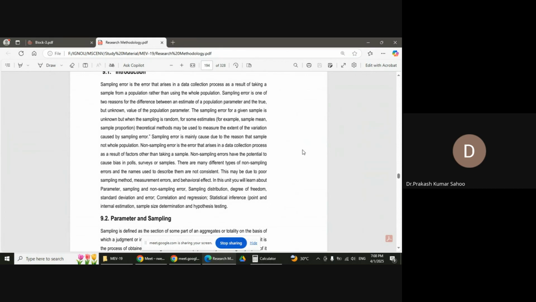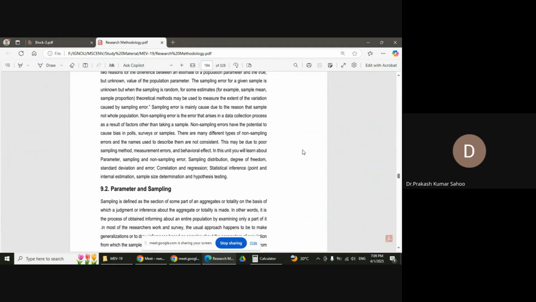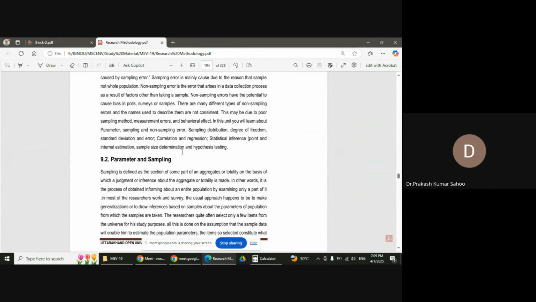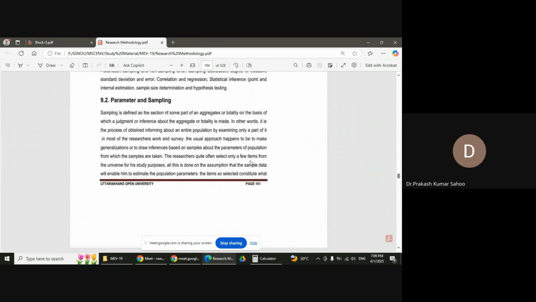And if you have a major sampling error, then your total project may be rejected for acceptance. In this part we have learned about parameters, sampling, non-sampling error, sampling distribution, degree of freedom, standard deviation, error, etc.